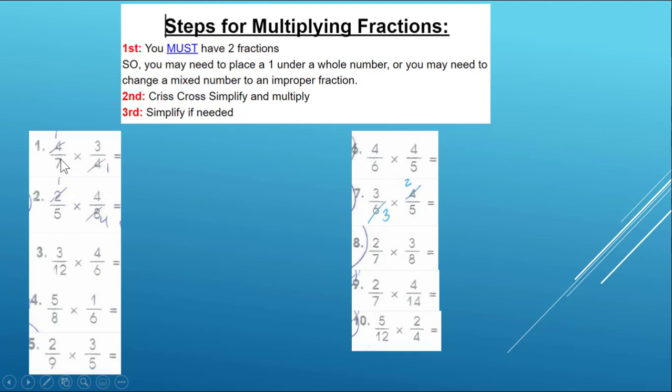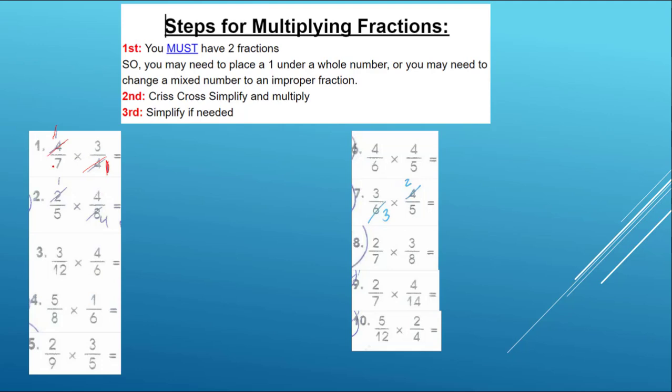Okay, so let's look at number 1 here. 4/7 times 3/4. So I have already done a little bit of our crisscross simplify. So we take the 4 and the 4. What can both of those be divided by? Well, they can both be divided by 4. So 4 divided by 4 is 1. 4 divided by 4 is 1.